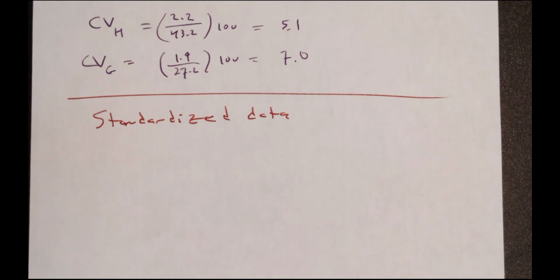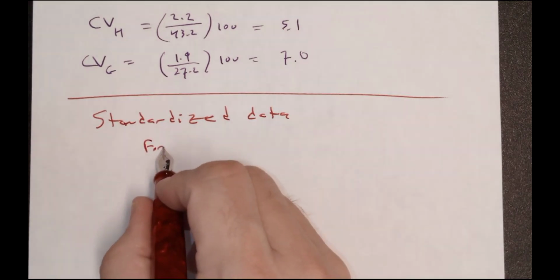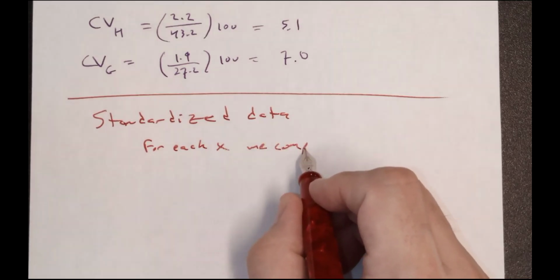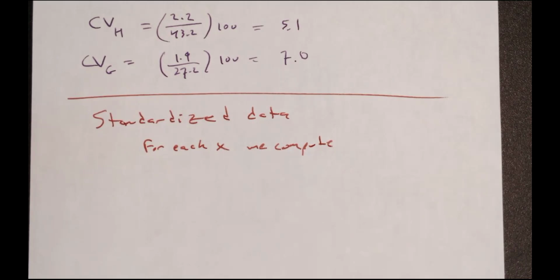To standardize our data, we're going to take our data and move it proportional to the average and the standard deviation.